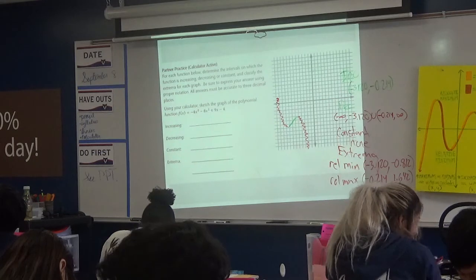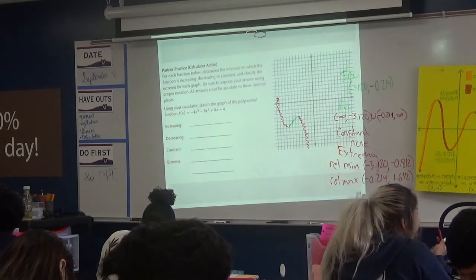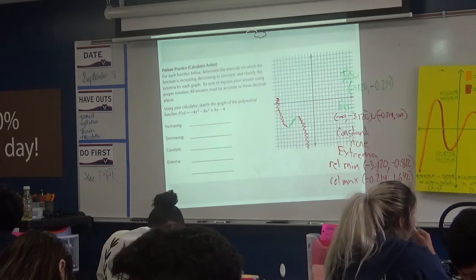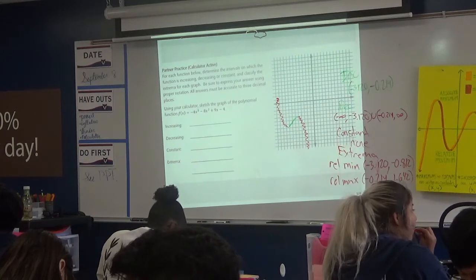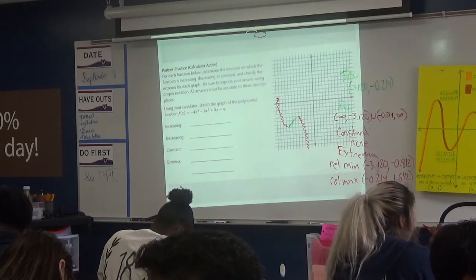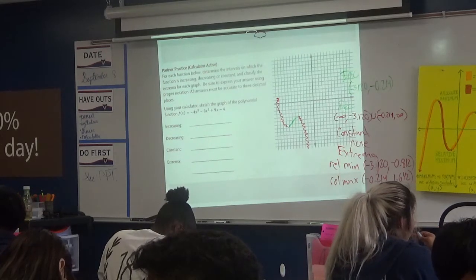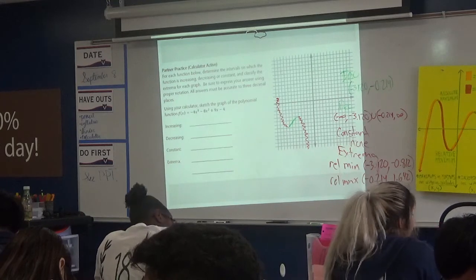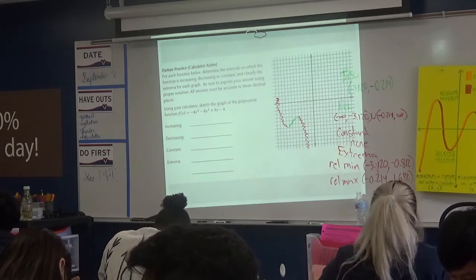I think it was probably fine with what it originally had, -10 to 10. You probably just needed your Y's to change. Let's see if that helps us see it a little better. So now maybe you can see it a little bit better. And notice your second point, is it actually up there at the top?